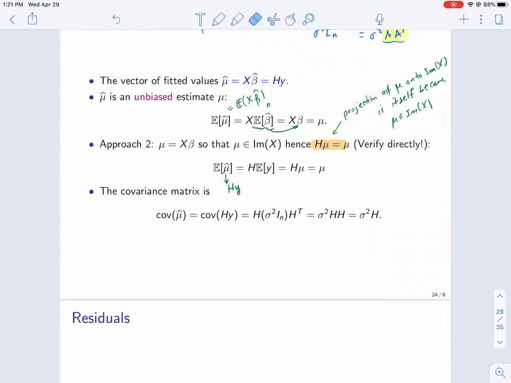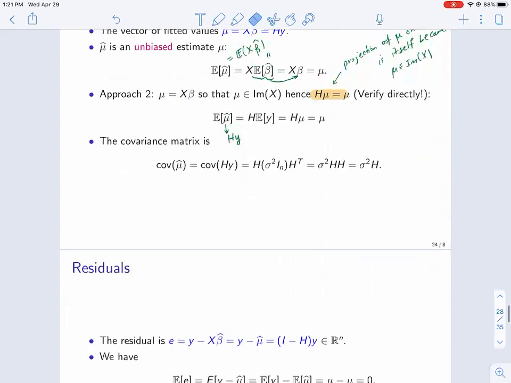So the covariance matrix is... how do we do the covariance matrix? Okay, I'm going to do it myself. So covariance, I mean, we're basically doing it here.